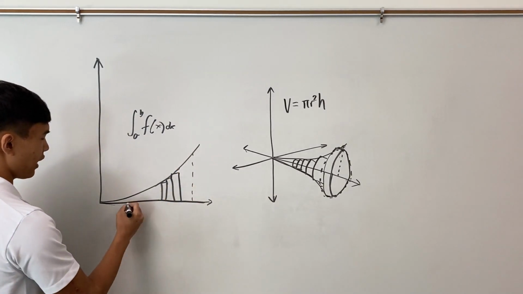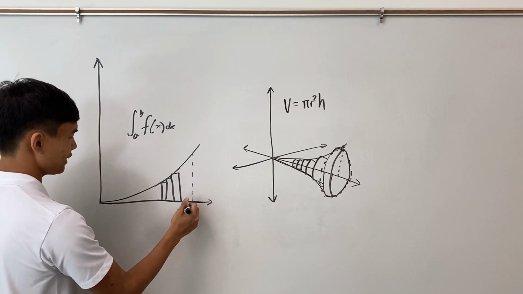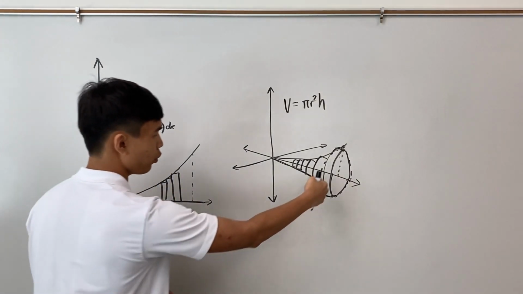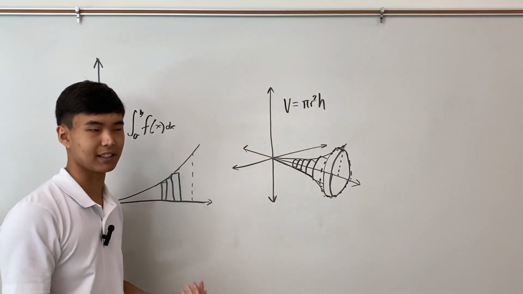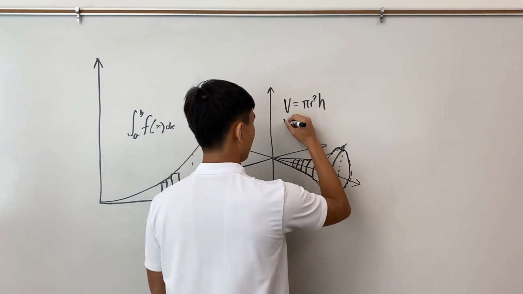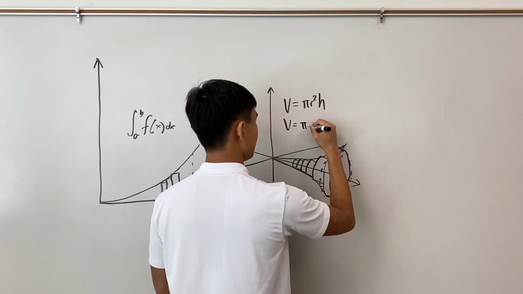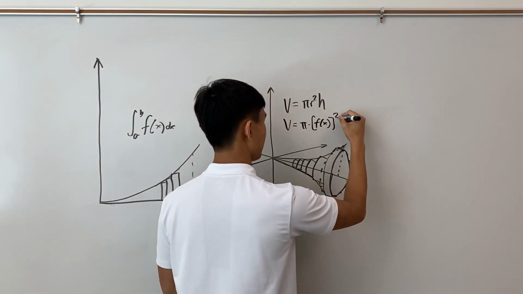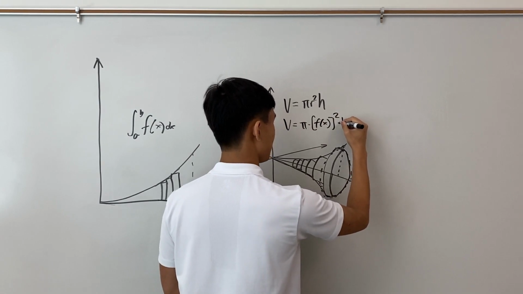For every point on this x-axis, the distance from the axis to the curve doesn't change no matter which way you're looking from the axis. So we can say that volume is pi times f of x squared times h.